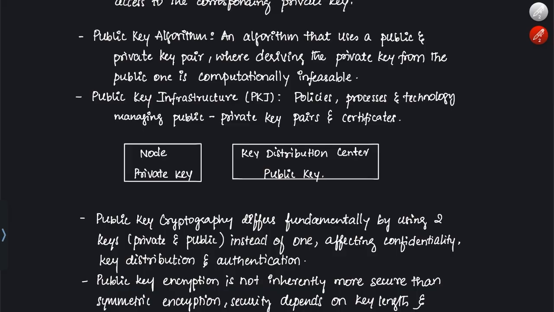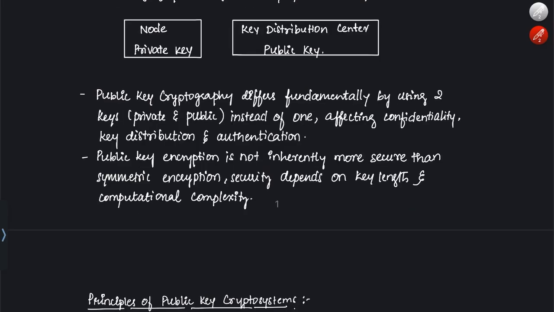Public key cryptography fundamentally differs because it makes use of two keys, thereby increasing confidentiality, key distribution, and authentication. Public key cryptography is not inherently more secure than symmetric encryption; security depends on key length and computational complexity. It also depends heavily on number theory, so a basic understanding of numbers is beneficial for deeper comprehension.